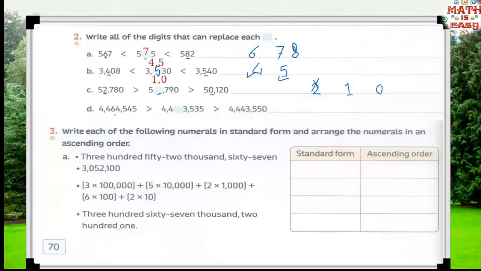Last one. In the 10,000 place, here we have 6 and here we have nothing, and here we have 4 in the 10,000 place. That means 6 and 4. Between 6 and 4 we have 5. Try to see which number is right. If we put here 6, 6 is more than 4, yes, 63,000.